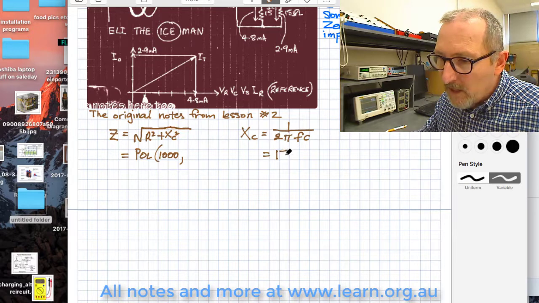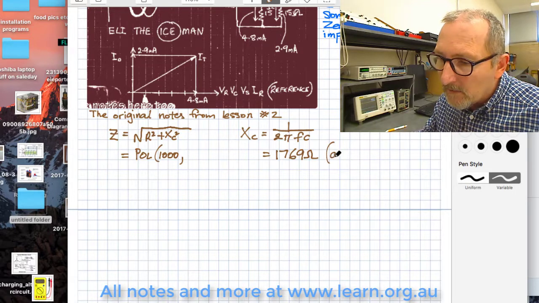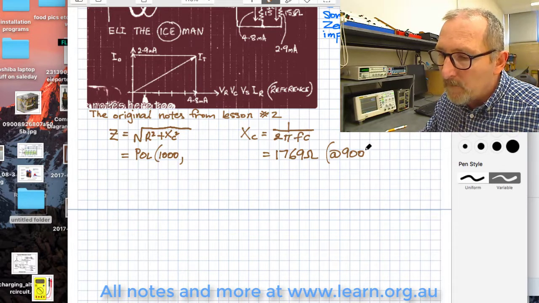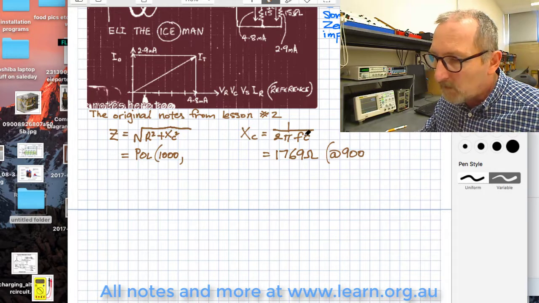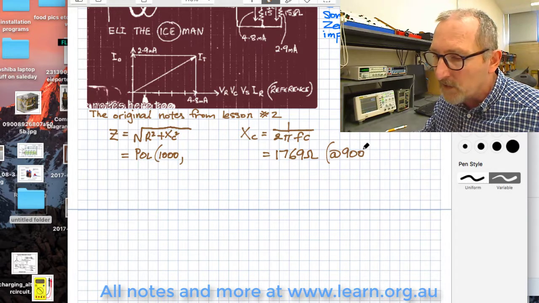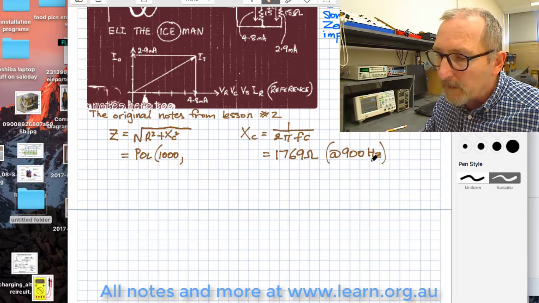And that's only at that particular frequency, so I'll put here, that's only at 900 hertz, because frequency is in the bottom part of the equation here. If the frequency changes, the XC is going to change, of course. Same as if the value of capacitance changes. So that's only at 900 hertz.